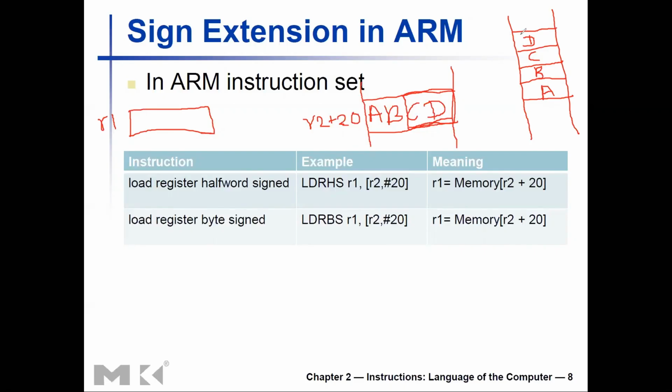So this is the R2 plus 10 address. R2 plus 20 address is here. This one is R2 plus 20, and this one is R2 plus 21. This is R2 plus 22, 23.